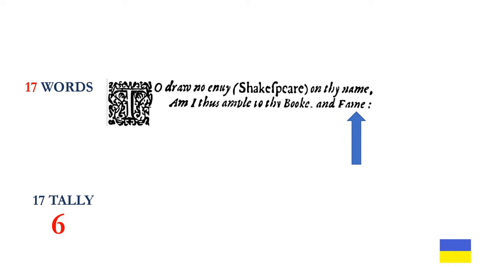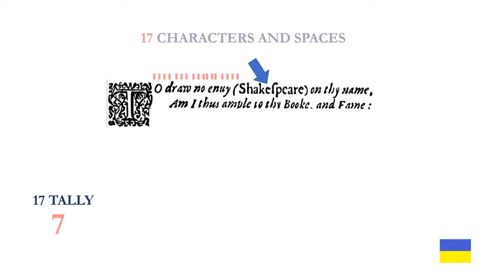Jonson has done something very clever here. If you count the number of spaces and letters from the decorative letter T at the beginning to the uppercase S in Shakespeare, you find that there are 17 characters and spaces.